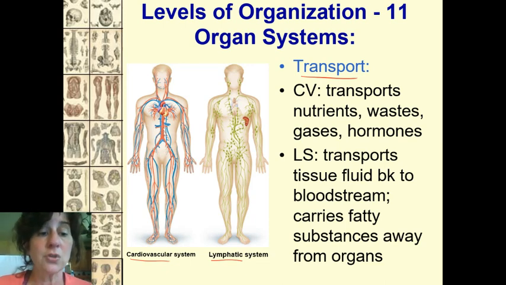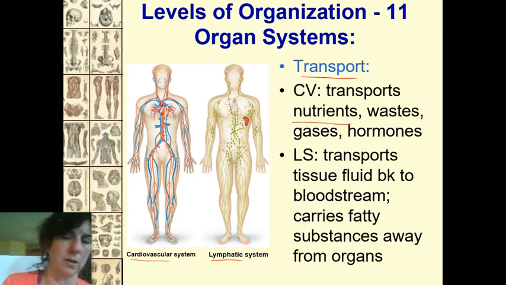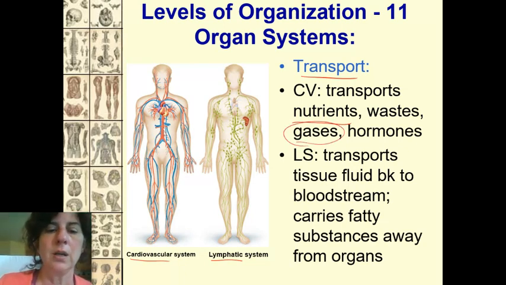So it distributes nutrients to the cells and takes waste products away from the cells. It also takes oxygen to the cells from the lungs and takes carbon dioxide away from the cells to the lungs so you can get rid of it. So it distributes gases too.